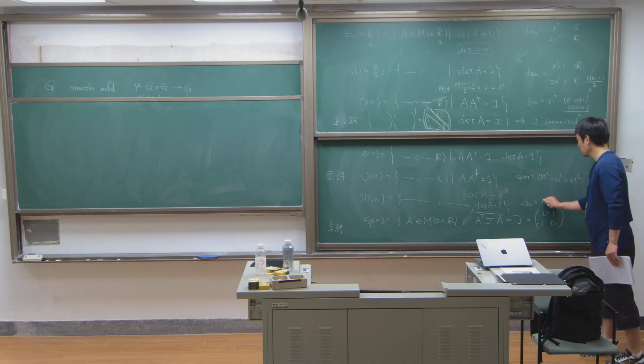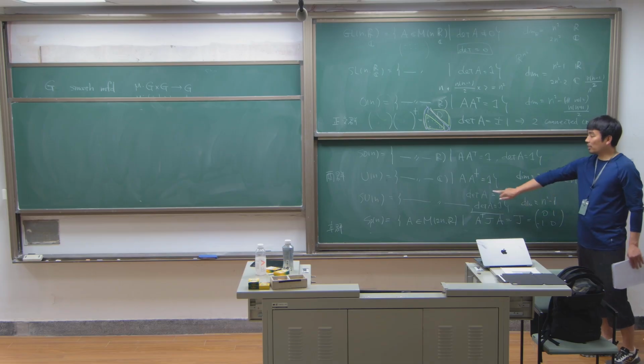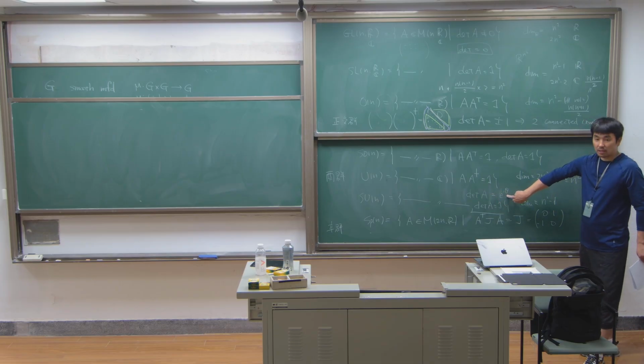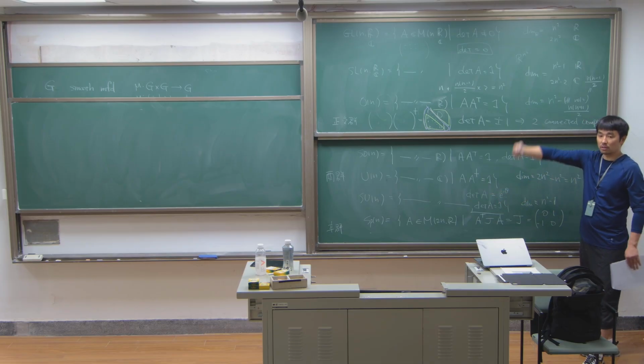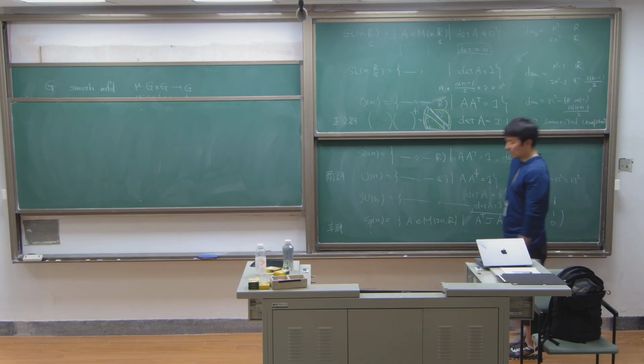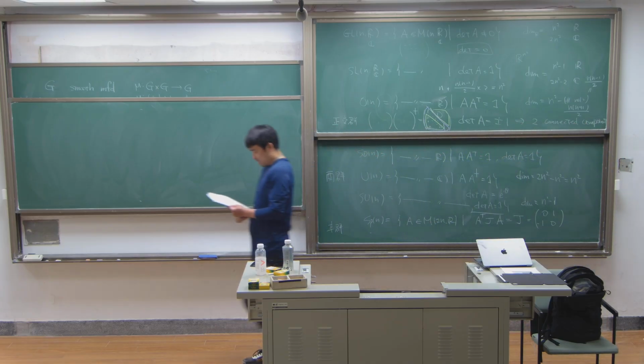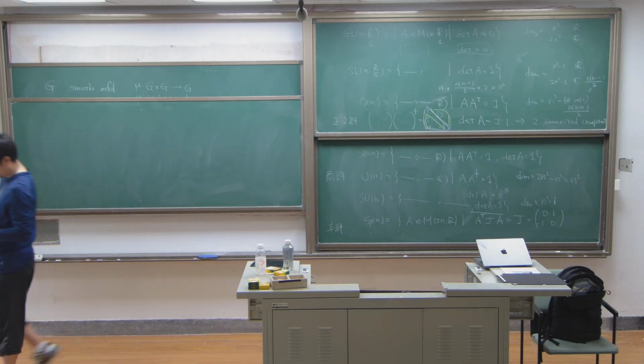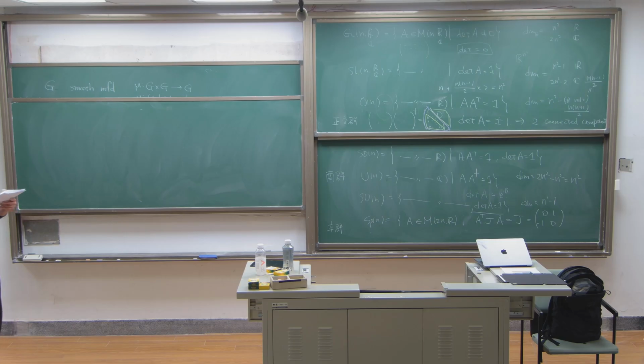Good. Since it's a unitary group, the determinant is just a phase, U(1), so you just remove that. The degrees of freedom. Good. So that's what's going to happen.